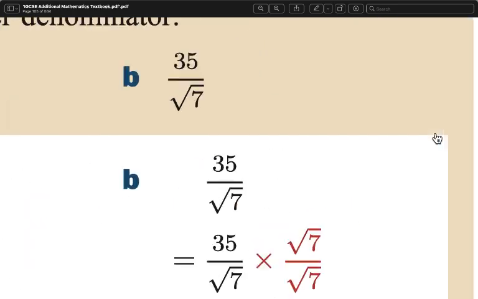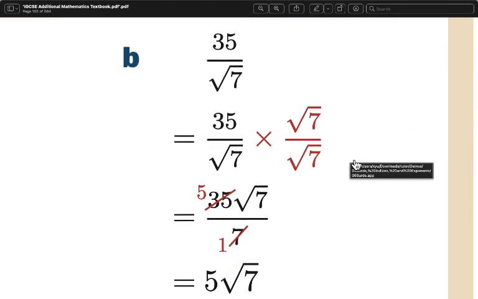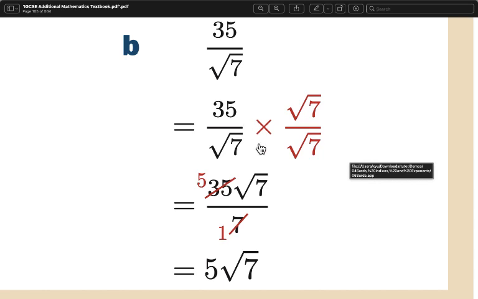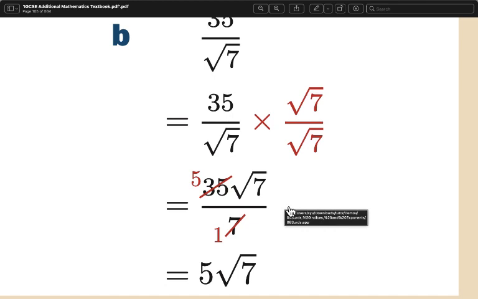The same applies here. When the root of 7 is a denominator and 35 is a numerator, you multiply both the numerator and the denominator by the root of 7. The numerator is 35 times the root of 7. The root of 7 times the root of 7 is going to equal 7. So the answer is going to be 35 times the root of 7 divided by 7.